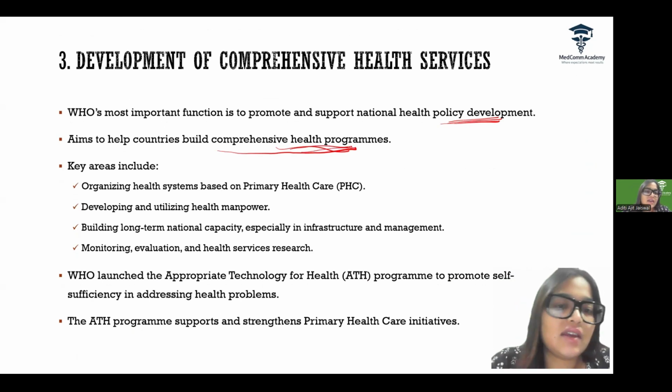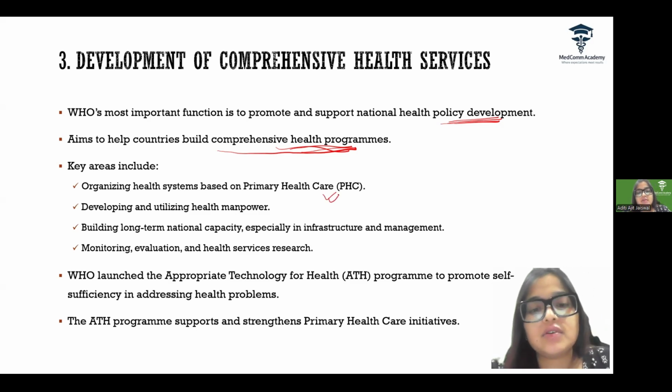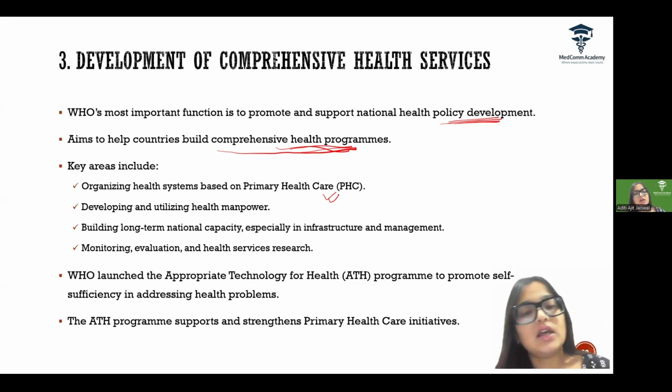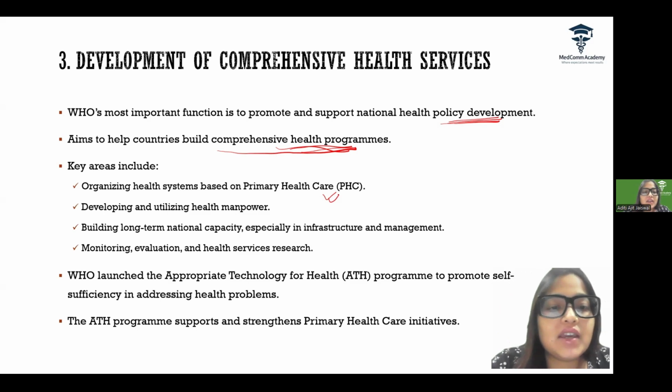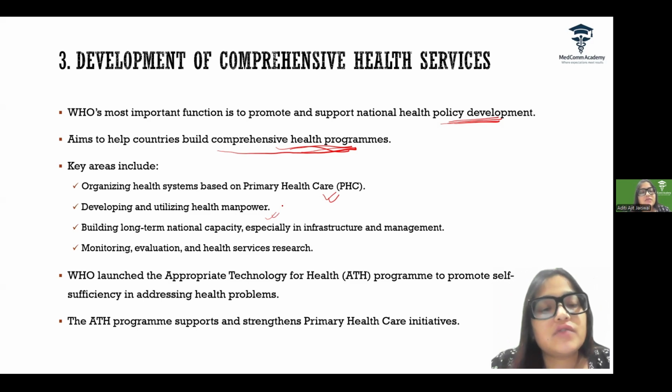The key areas include organizing health systems based on PHC, so that if the person is treated at the primary health care itself, they need not come to the tertiary care center. So less load on the tertiary care centers, and less out of pocket expenditure for the person. Developing and utilizing health manpower, training the staff, making them better.